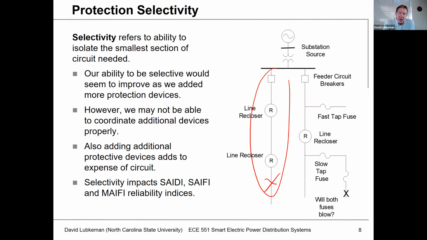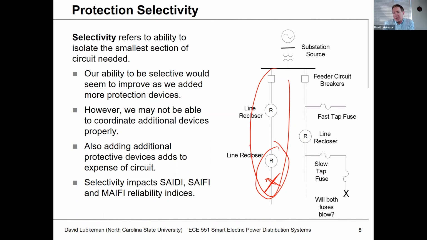But if I could put intermediate devices in there, such as these line reclosers, then if I do have a fault, say at the bottom of the circuit, you only have to operate this closest line recloser, or what we would call the closest protective device, in order to clear and isolate the fault. And so the more devices we can put on the circuit, the better selectivity we would have.